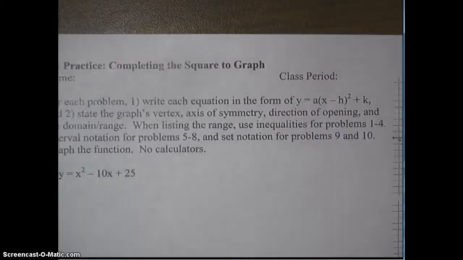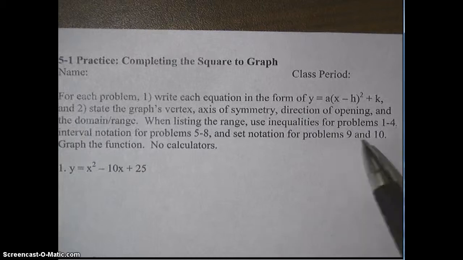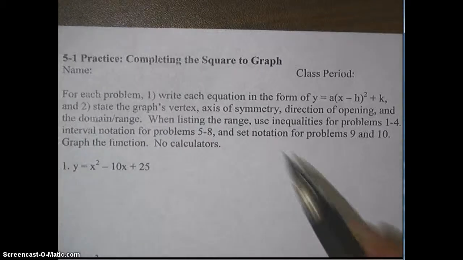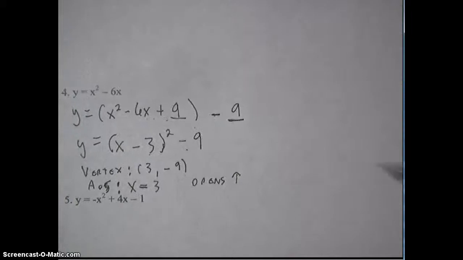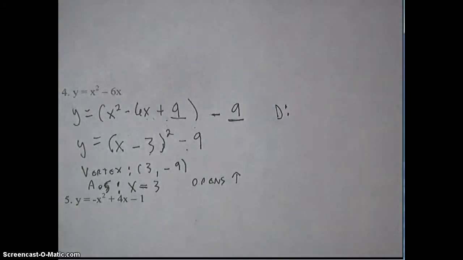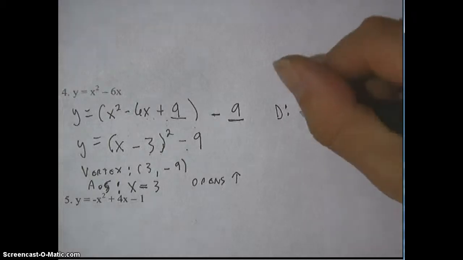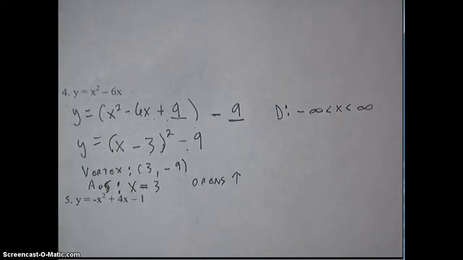Up here at the top it says for problems 1 through 4, use inequalities for the domain and range. Okay, so the domain, I'm just going to use big D. Well, the domain is the same for every quadratic. It's just negative infinity less than x less than positive infinity.